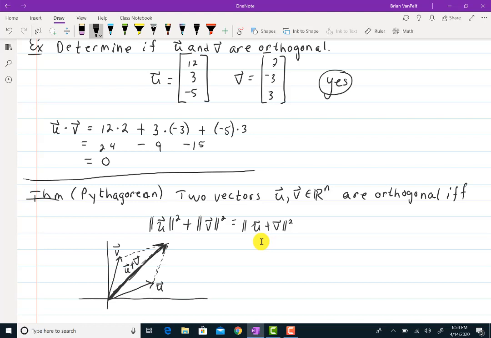Now let me draw a better picture over here somewhere. So we may have u, and then this may be v, not u again, but it's v this time. And the vector connecting the beginning to the end, for the life of me, I cannot get this thing straight.